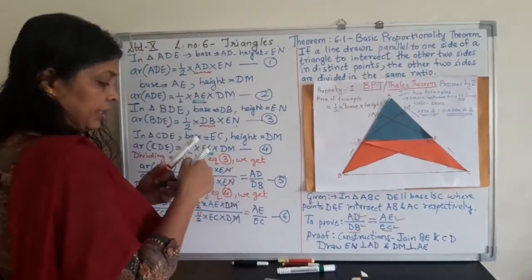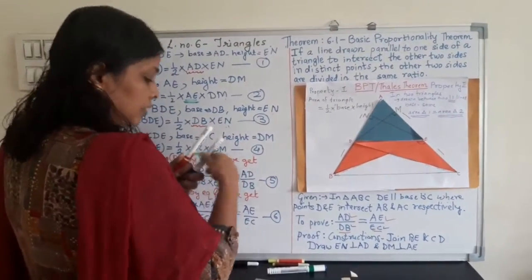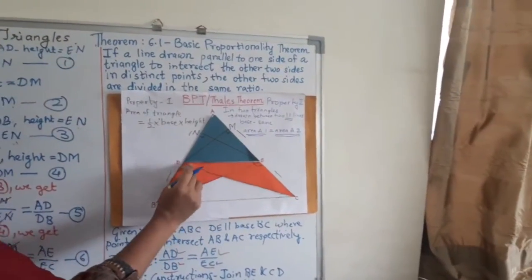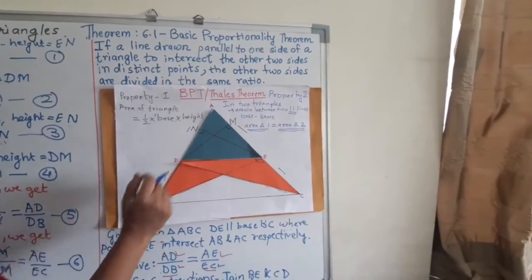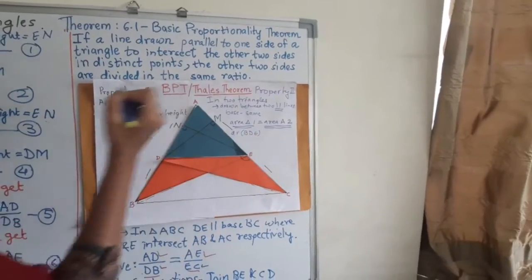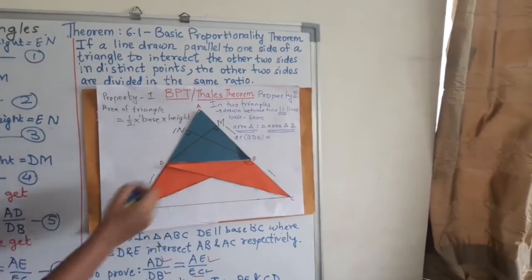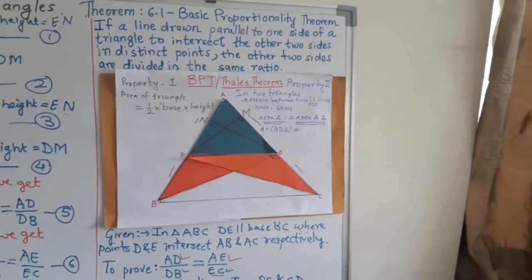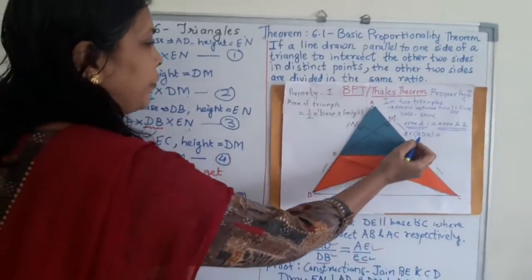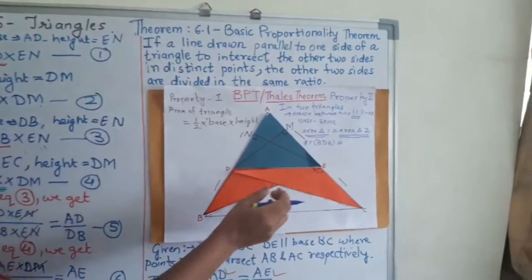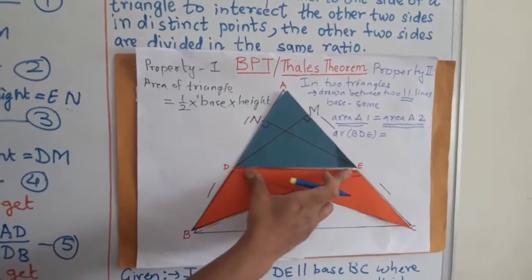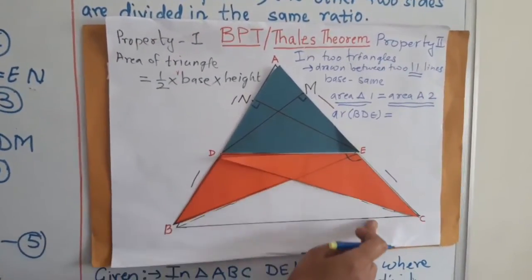In this property we have seen that, see here, this triangle, area of triangle BDE is equal to, so from this second property, what we have proved is that area of triangle 1 is equal to area of triangle 2 because same base and between two parallel lines.